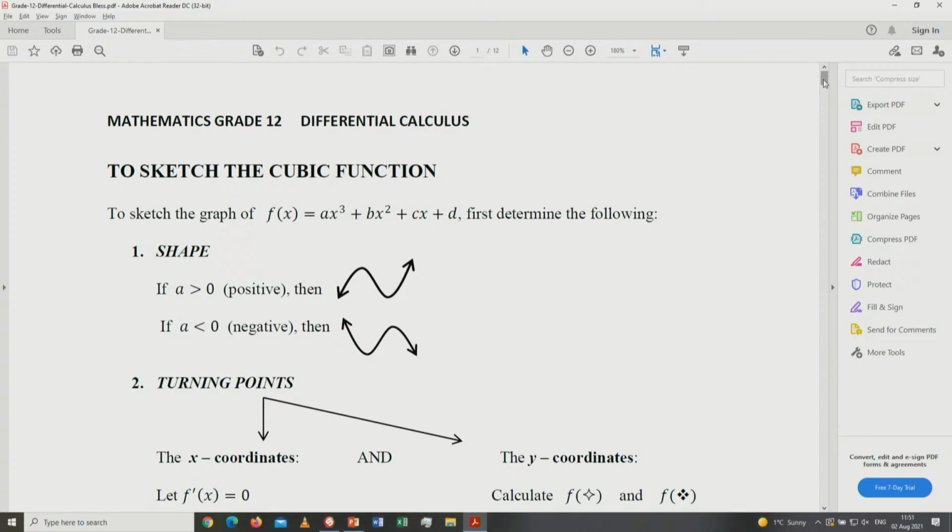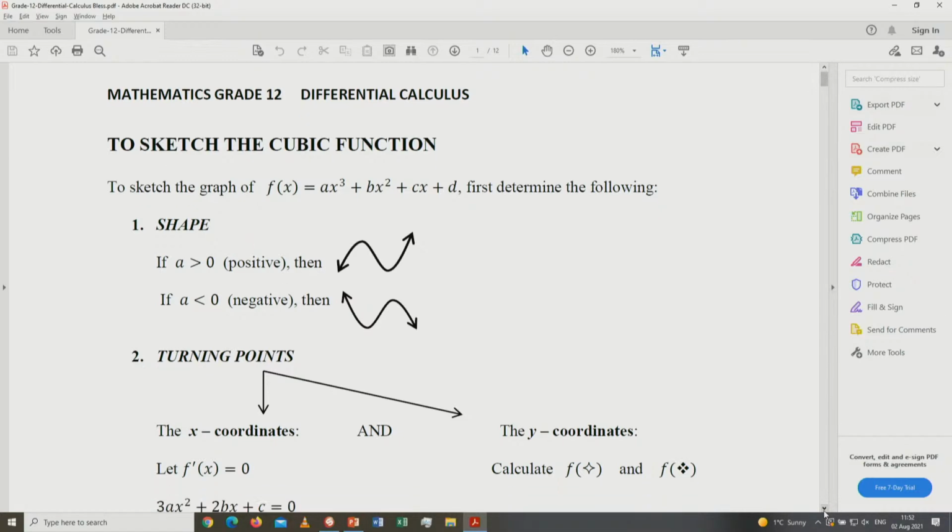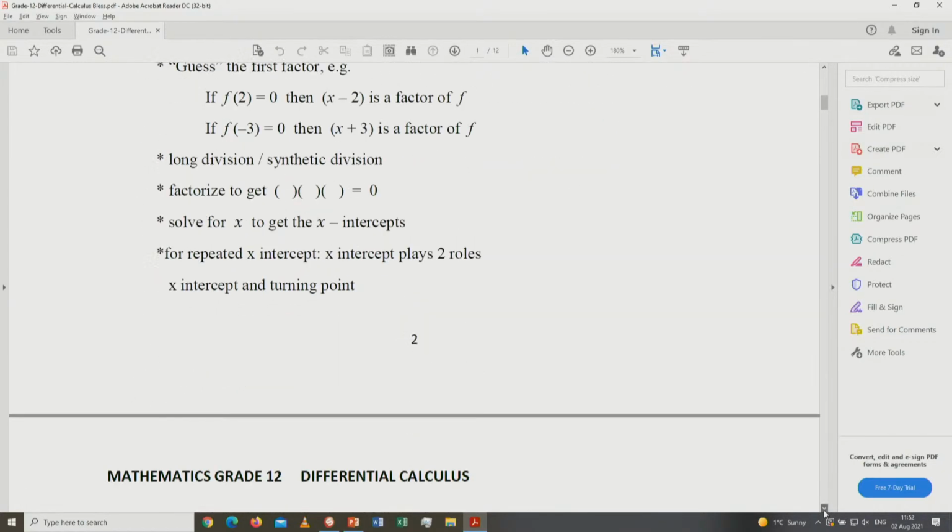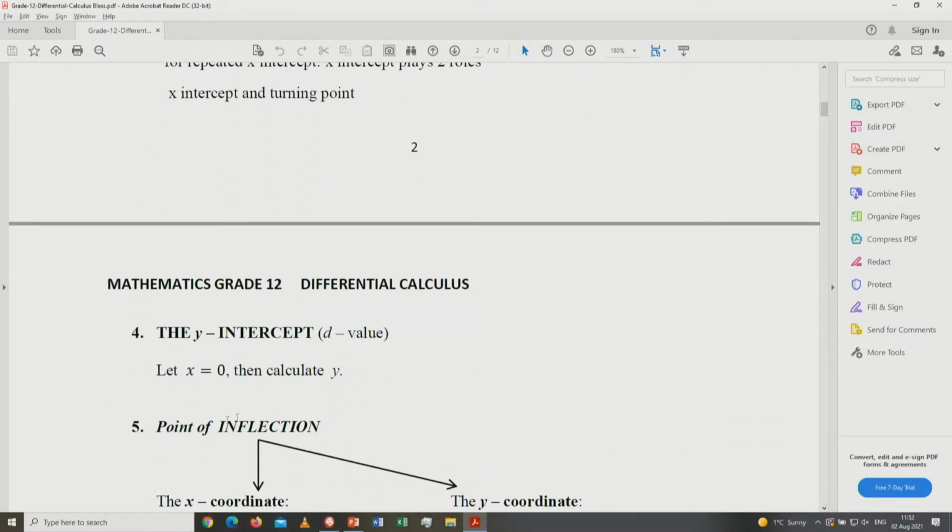From the previous grades, you know that for the Y-intercept, you let X be equal to 0. Then you substitute X being 0 into the original equation, and obviously we'll be left with Y. Therefore, the D value represents the Y-intercept.